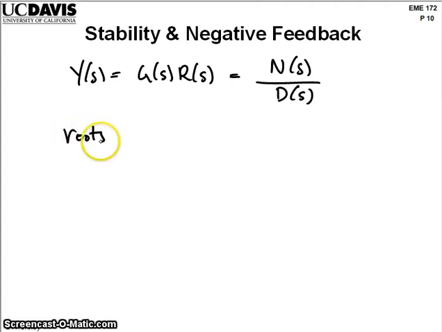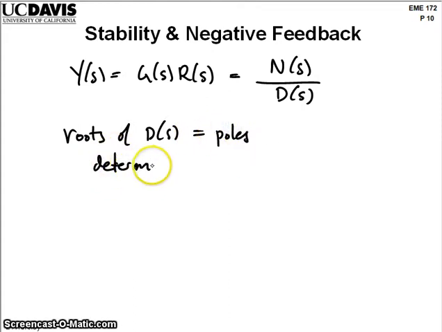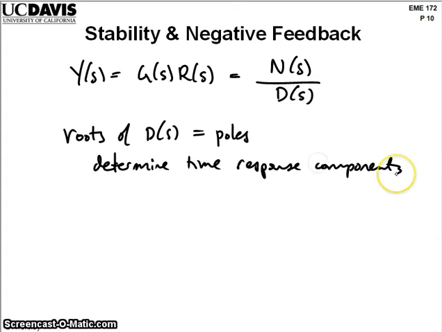So roots of d of s equal the poles, and they determine the time response components. And this time response will be stable, meaning it will decay to 0 over time, provided that those poles have negative real part.